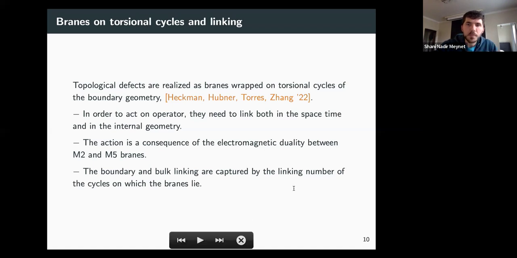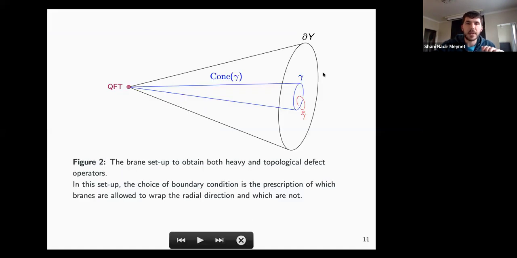So very good. This is a picture of what I just said. My QFT lives in the transverse space here, at the tip of the cone. This will be, in this case, my 7D Yang-Mills. The blue line will represent, for example, M2 branes wrapped on a relative cycle that will engineer a Wilson line in the 7D Yang-Mills, whereas the red line will be an M5 wrapped on the torsional cycle and on a 5-cycle in Yang-Mills.